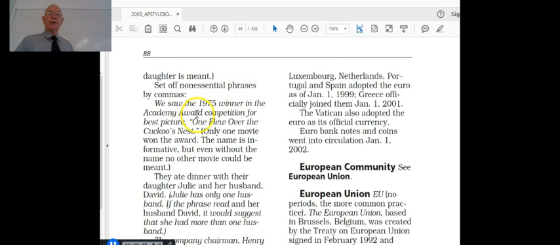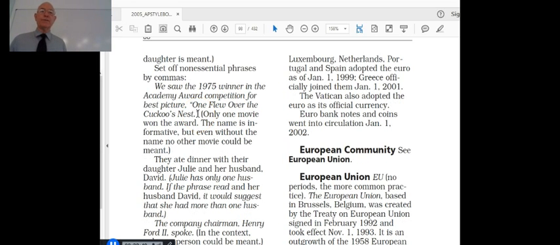Whereas the non-essential example is: we saw the 1975 winner in the Academy Award competition for Best Picture, One Flew Over the Cuckoo's Nest. In this case, only one movie won the award. So there's no question which it was; if you wanted to look it up in Google, you could find out.